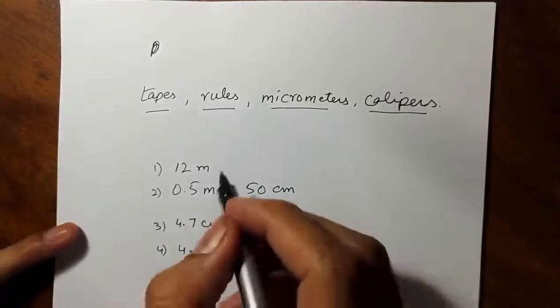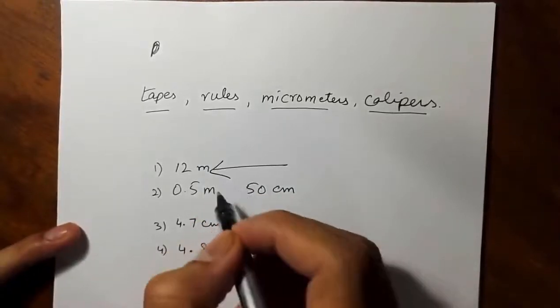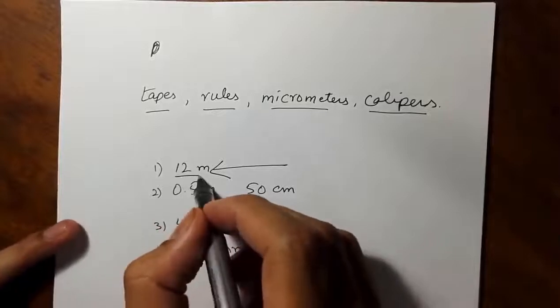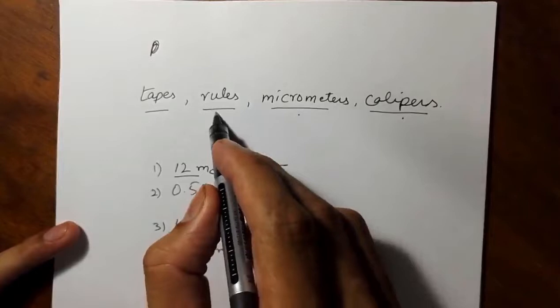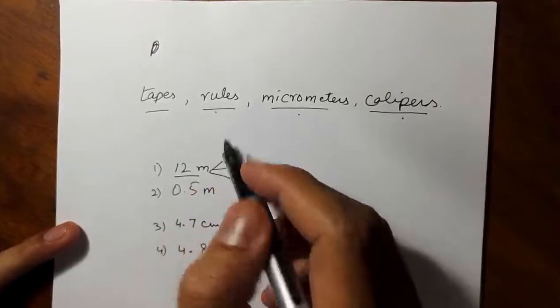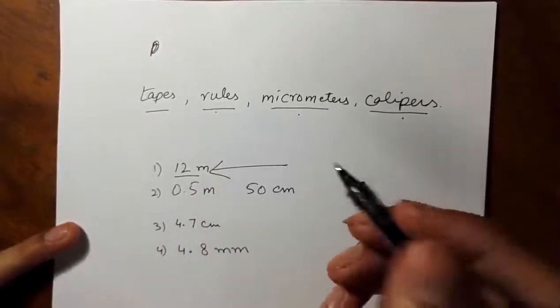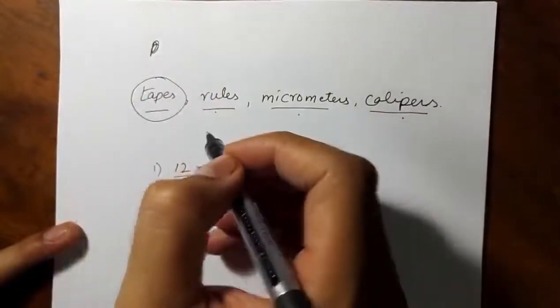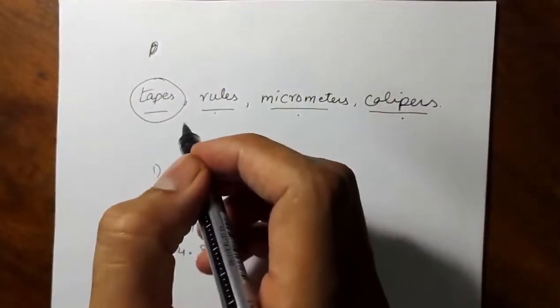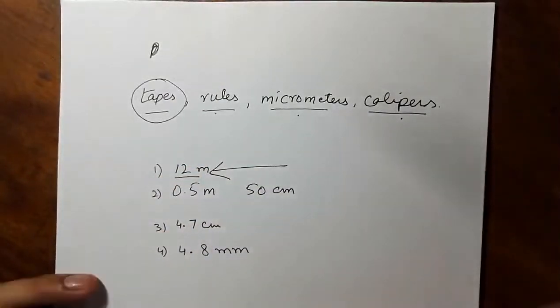Now this 12 meter length, I cannot measure by a vernier caliper, micrometer or a meter rule. Any length larger than 1 meter, I can measure with the measuring tape, because the length of measuring tape is more than 1 meter.